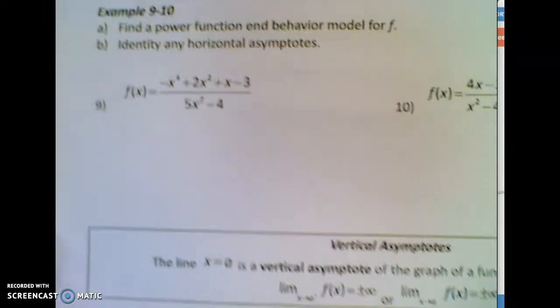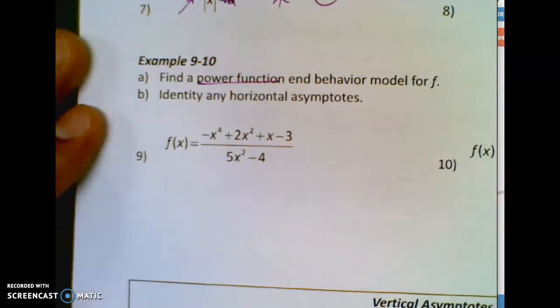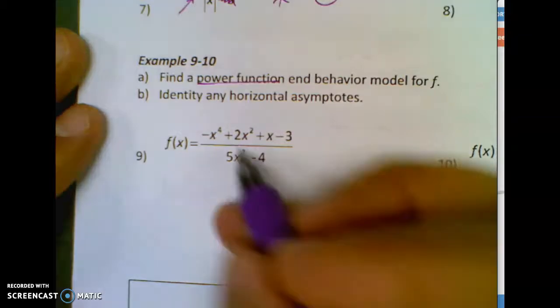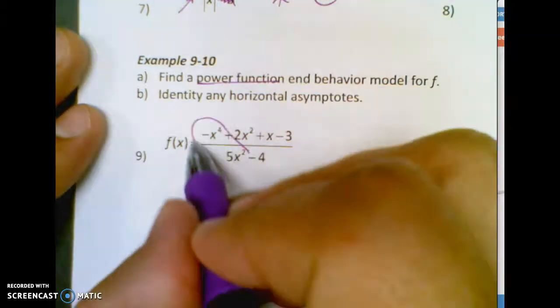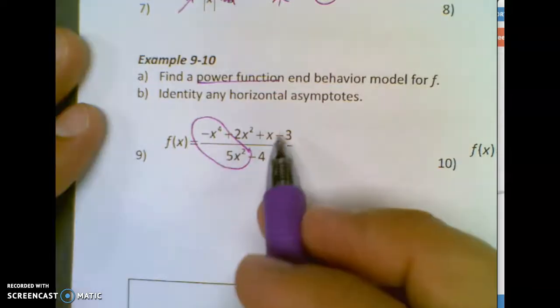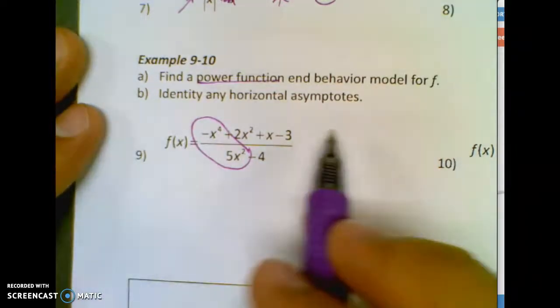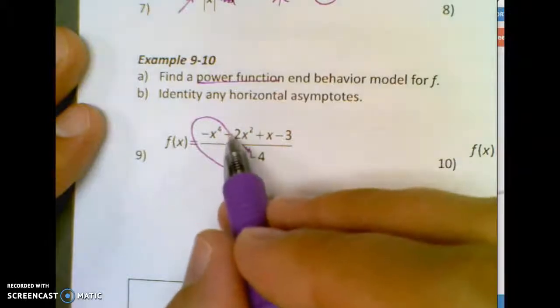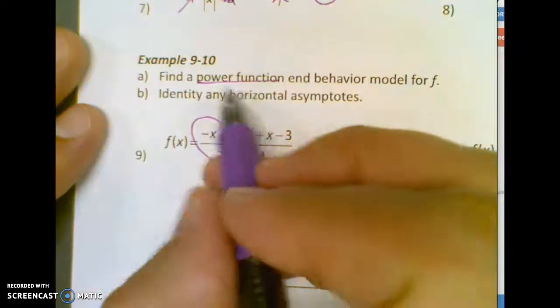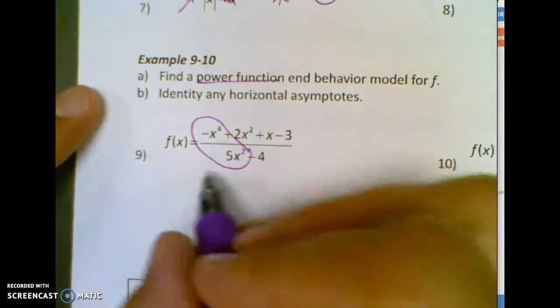Okay, and then this one says find a power function to model end behavior. Basically, that's like the step I keep doing of reducing this. You know how you do end behavior and sometimes you get a horizontal asymptote? Well, if you get a top heavy one, you can get a power function that the graph behaves like way out to the right and way out to the left.